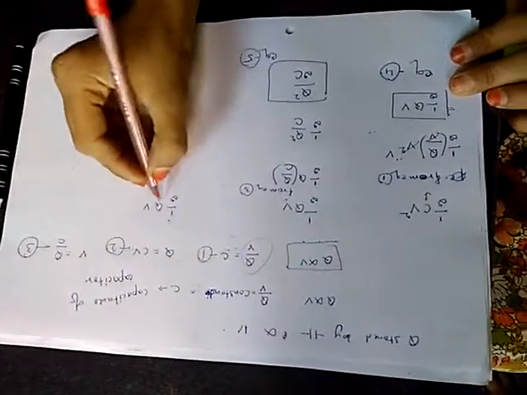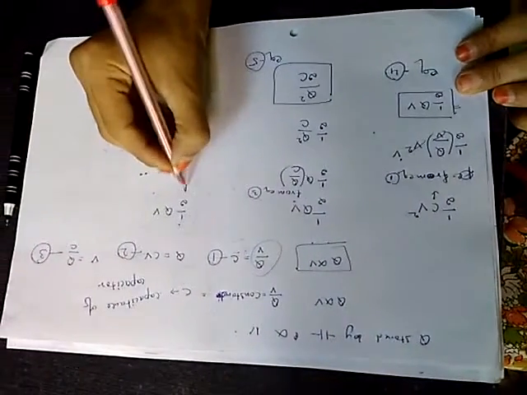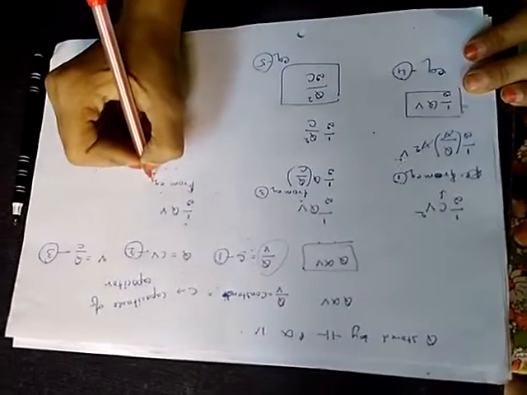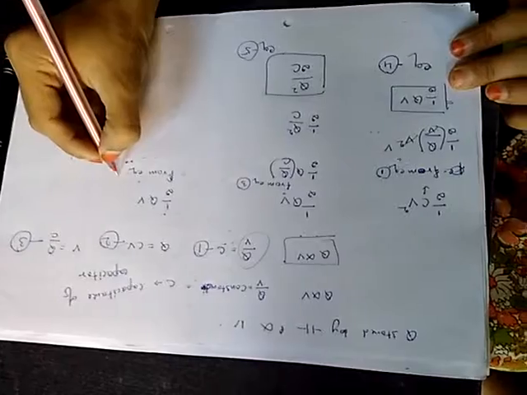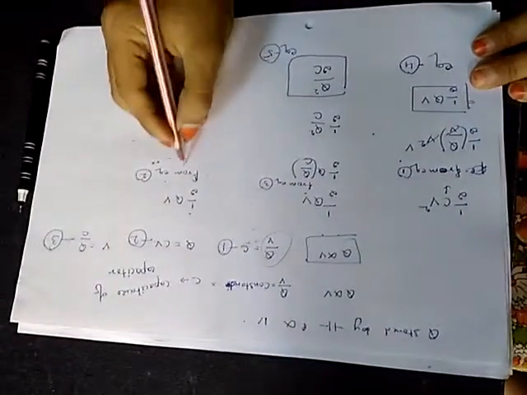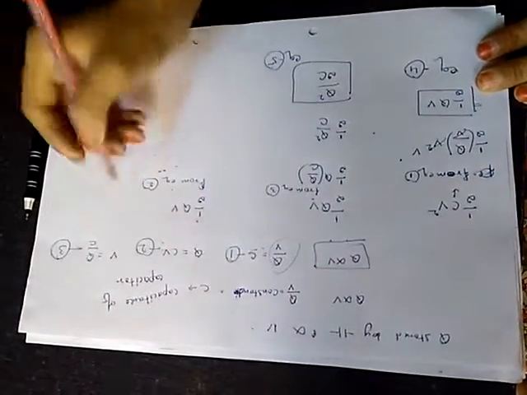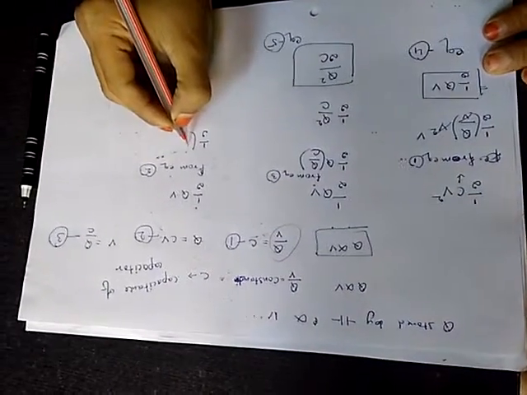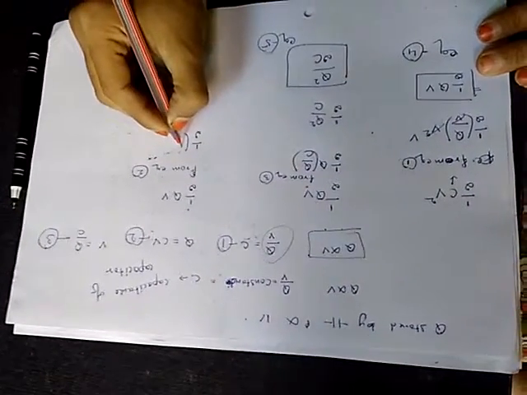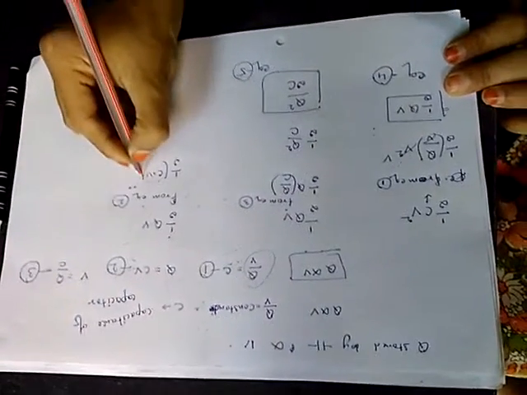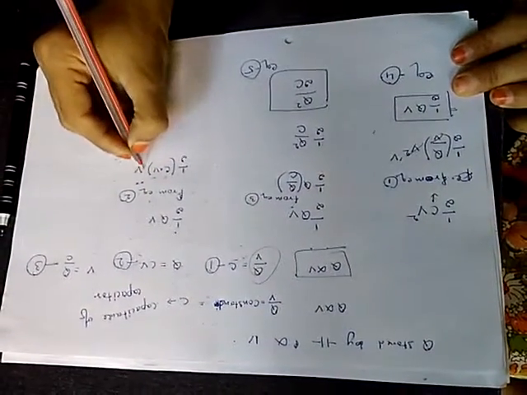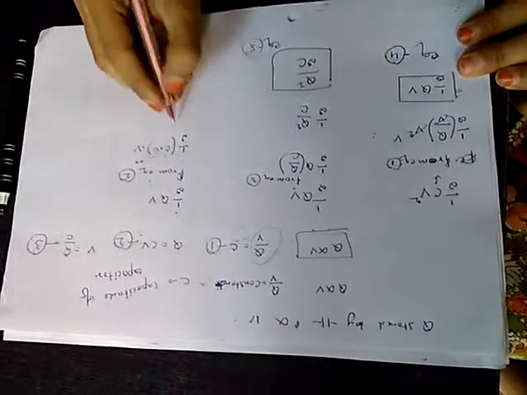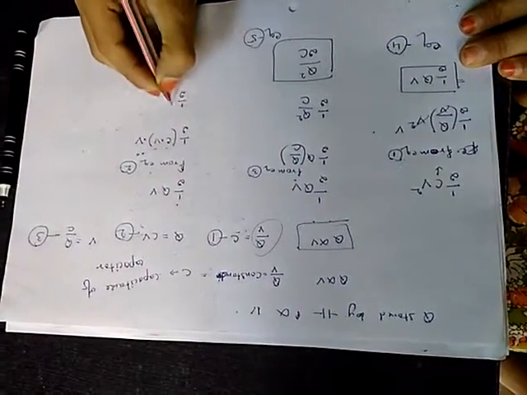We can now get this from the second equation: 1 by 2 Q is equal to C into V into V, so 1 by 2 CV square.